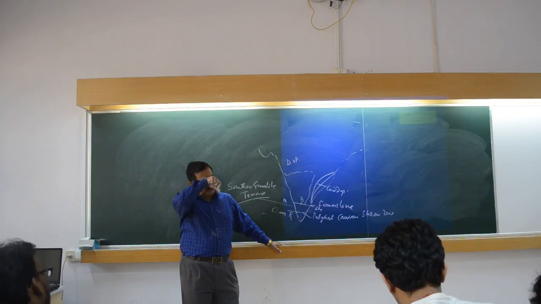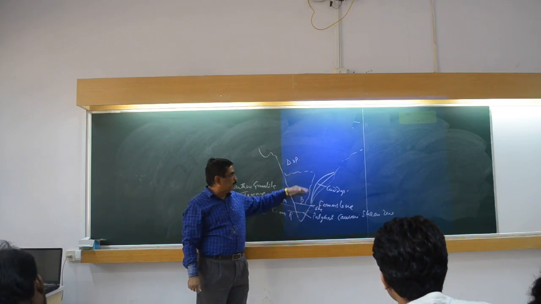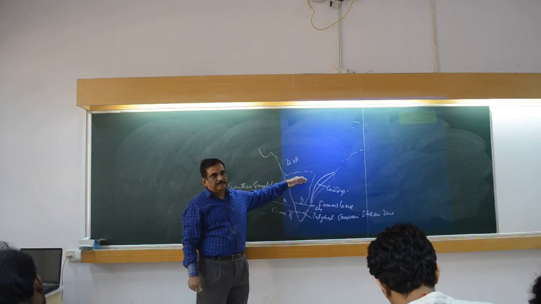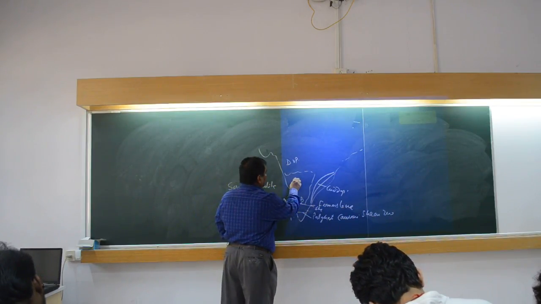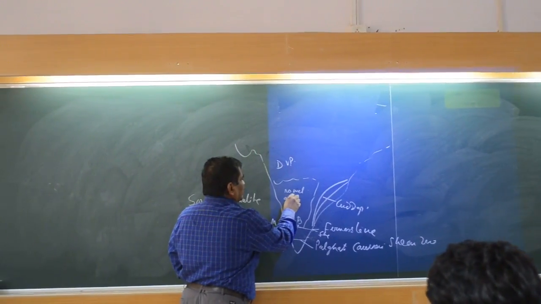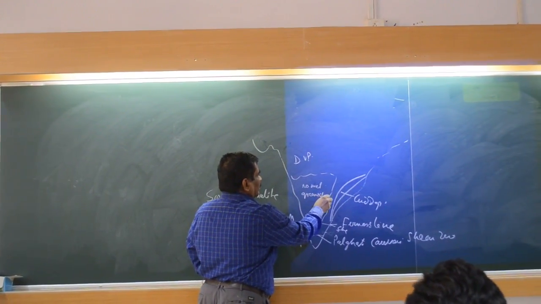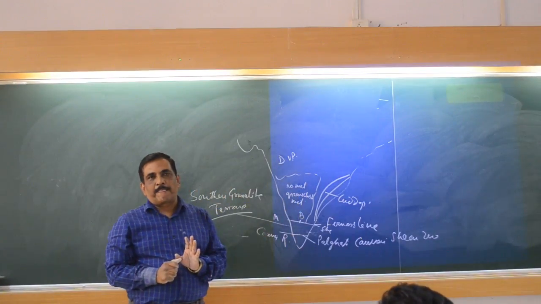There is no low grade rocks, all high grade rocks. Fermor's line का ऊपर जो है Dharwar craton, here there is no high grade rocks. Dharwar craton, you should remember, this is either no metamorphism or greenschist metamorphism. Greenschist metamorphism. Understood, na?